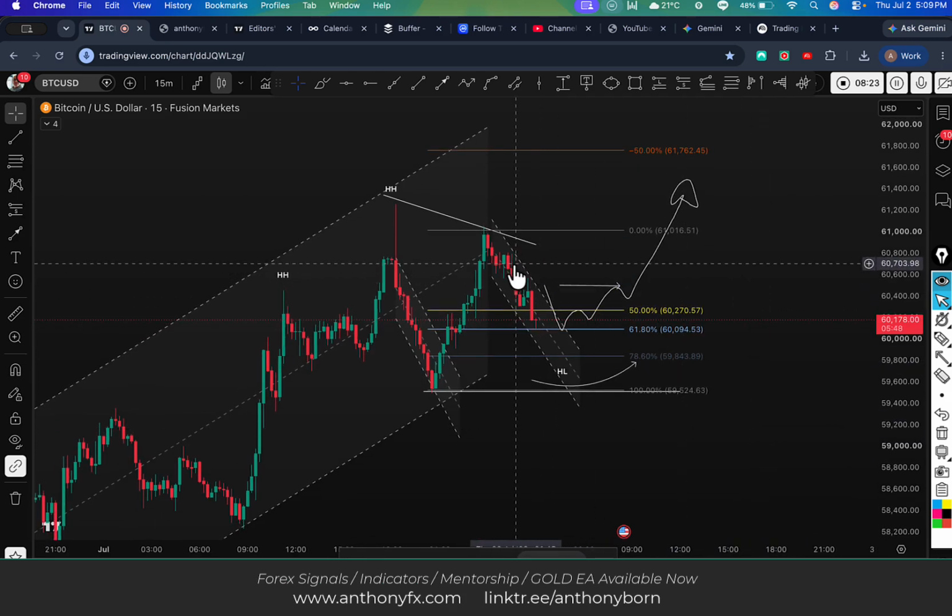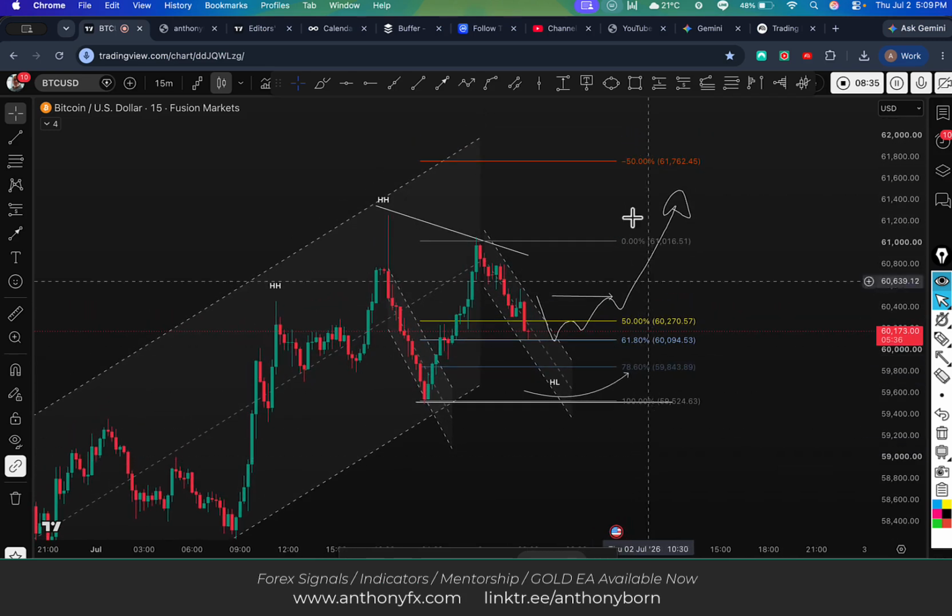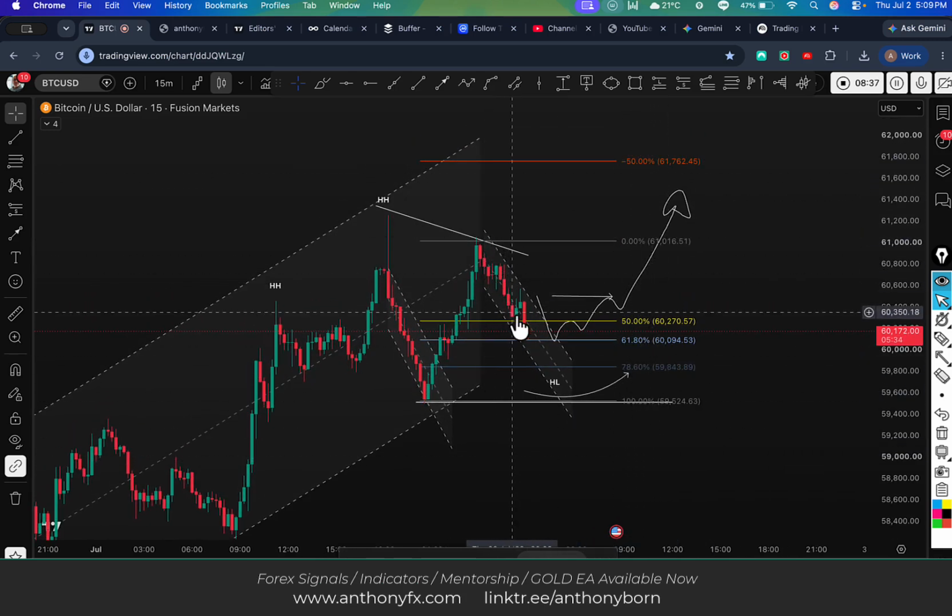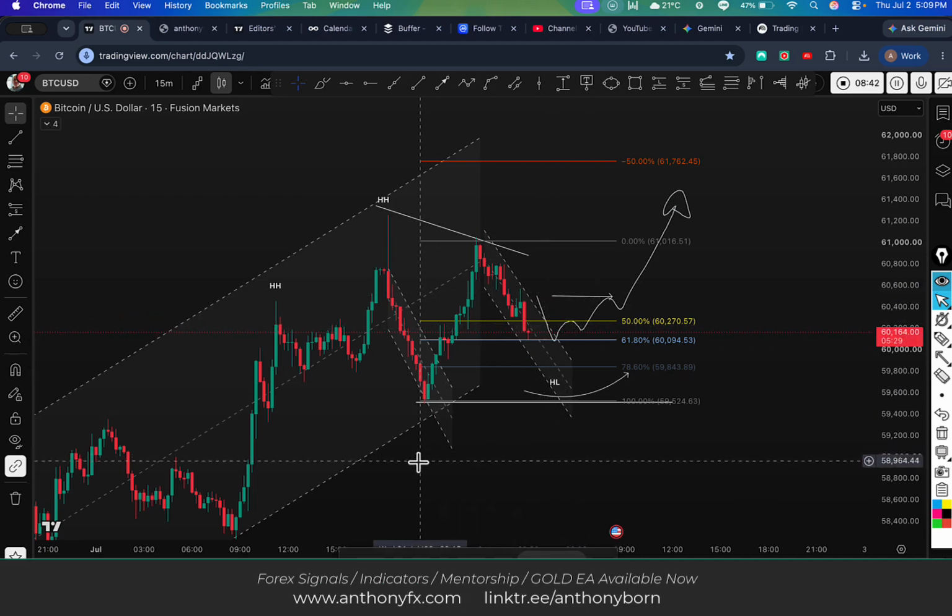And I mean, it could just be big money pulling it back to run stops. That's one thing. Then the other thing could be, it's losing momentum and it's going to turn around, right?